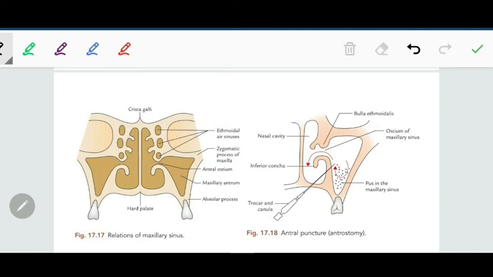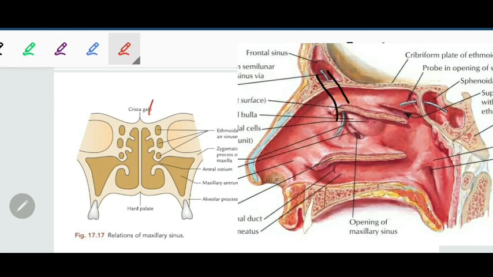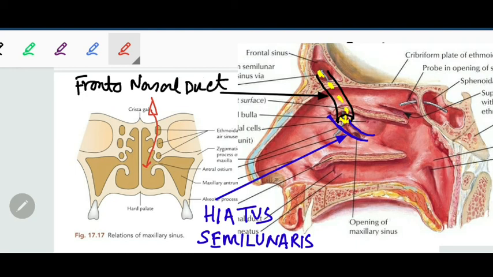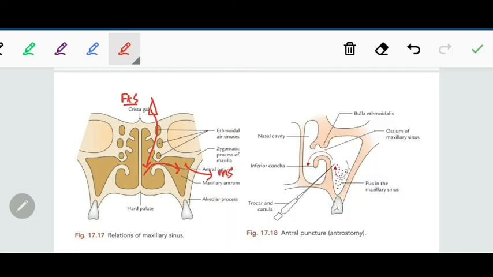So what is happening is that from the frontal air sinus, the pus is being drained into the middle meatus via the frontonasal duct, and then via the opening of the maxillary sinus into the nasal cavity, the pus that comes from the frontal air sinus ultimately drains into or is collected into the maxillary sinus, and it acts as a reservoir of that.